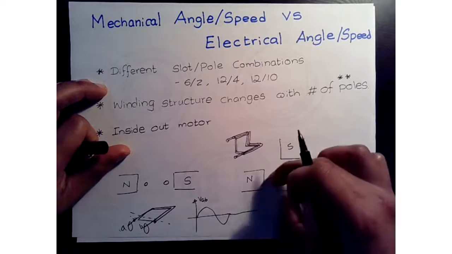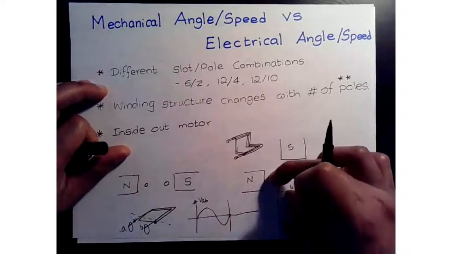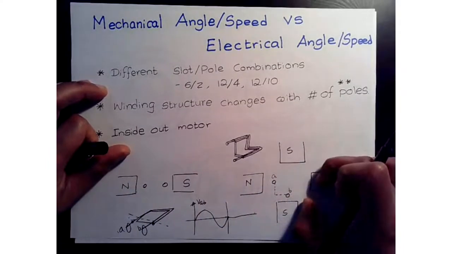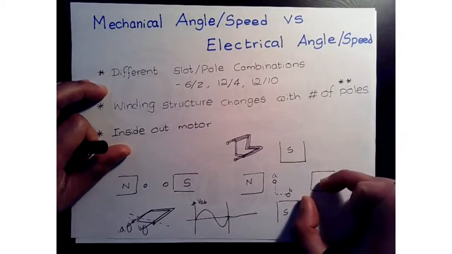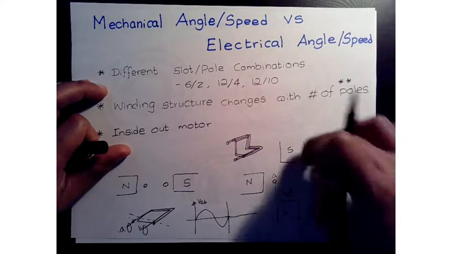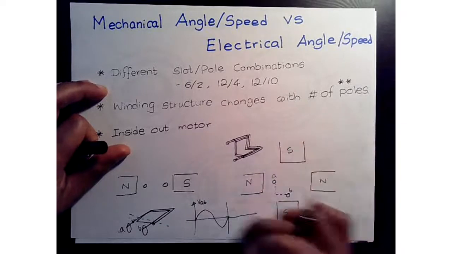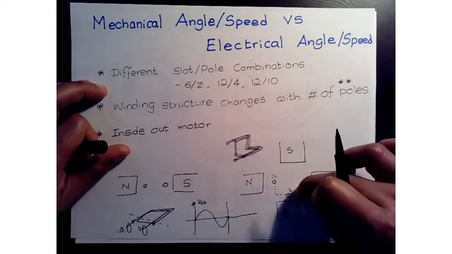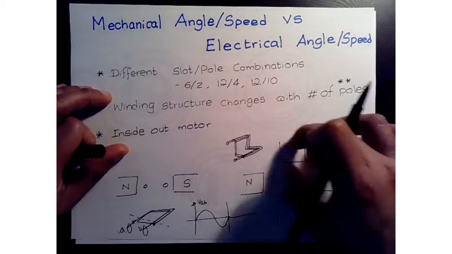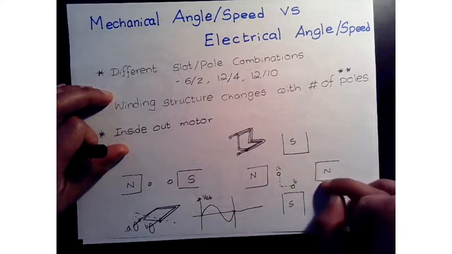So for the first cycle, it rotated from here to here and then here to here. Okay, and in the second cycle it will rotate from here to here, then from here to here. So 1, 2, and the next one 3, 4. So for one full cycle, it only went halfway. It only went halfway.